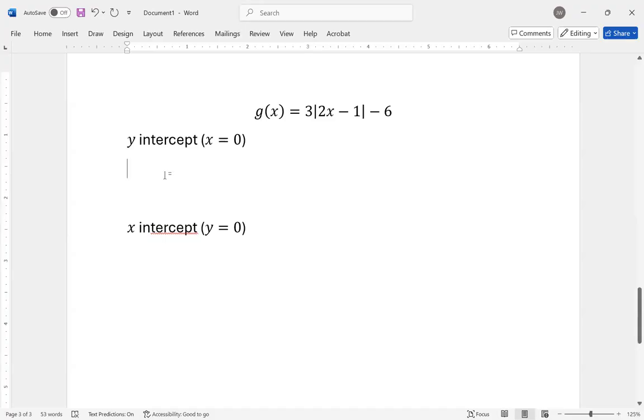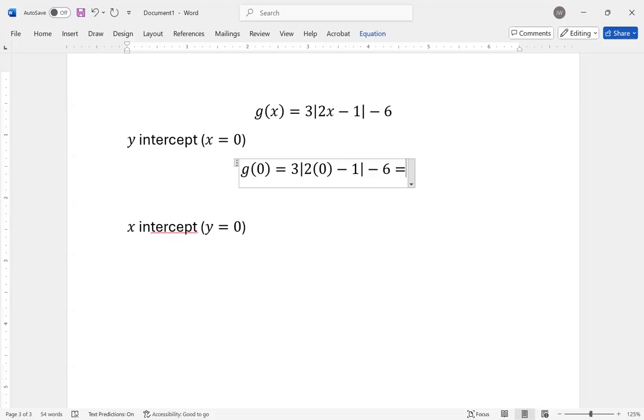For the y-intercept, we do the same thing as always. We plug in an x value of 0 and then find the y value output. So g of 0 becomes 3 times the absolute value of 2 times 0 minus 1, and then minus 6.